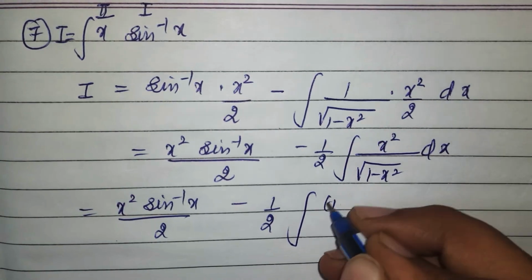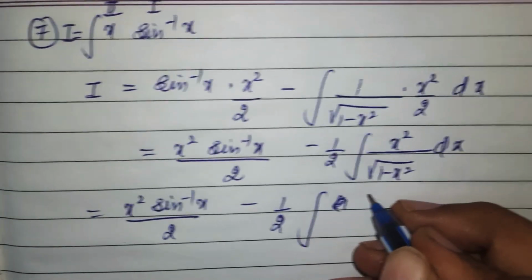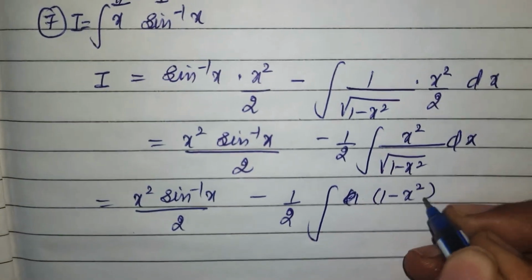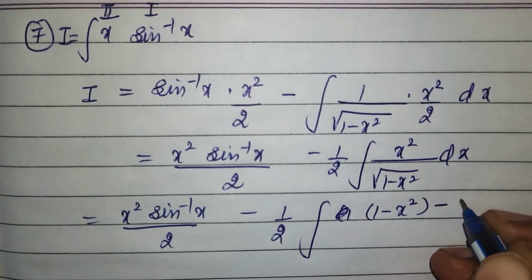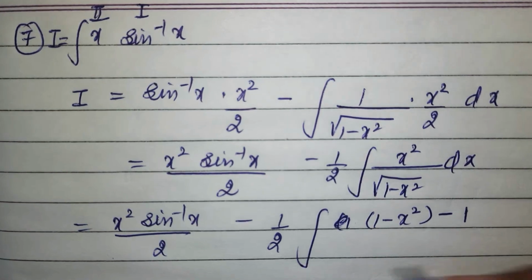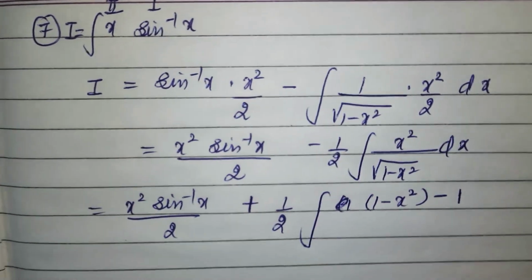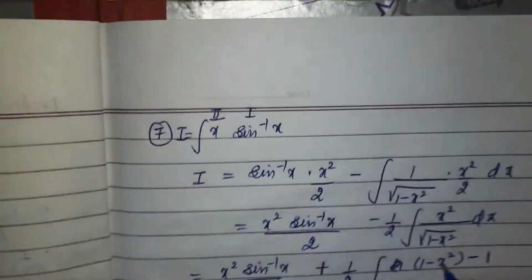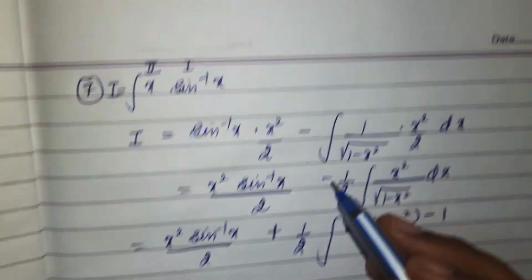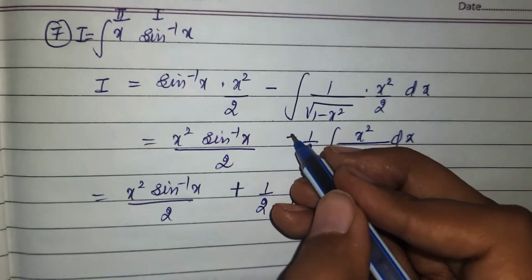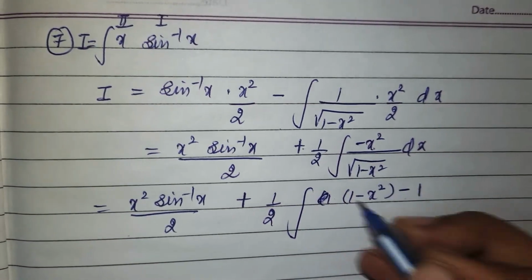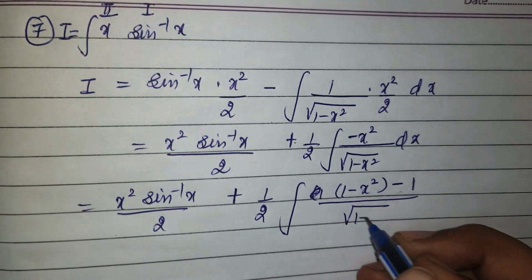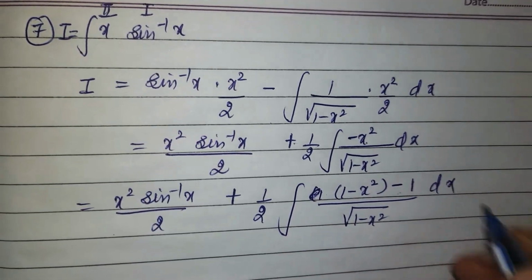If I write 1 minus x square minus 1, and then make it plus 1, then whenever I am solving, I will get minus x square. So I have added 1 minus 1, under root 1 minus x square dx.